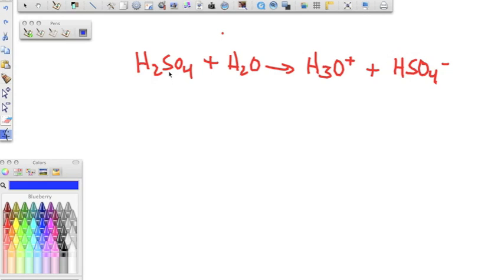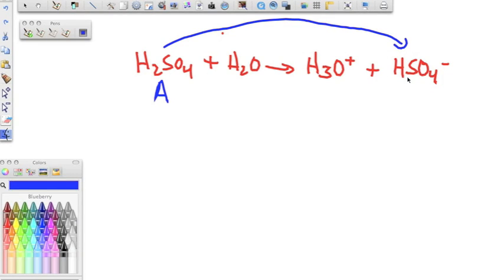Now, with H2SO4, the telltale sign, we know that it's an acid. It starts with hydrogen. We also see that water starts with hydrogen, but if they both start with hydrogen and one of them is water, take the other one. So we know that H2SO4 is going to be an acid just by looking at that hydrogen. We also know it's an acid because on the other side we see that it went from 2 hydrogens to 1 hydrogen.